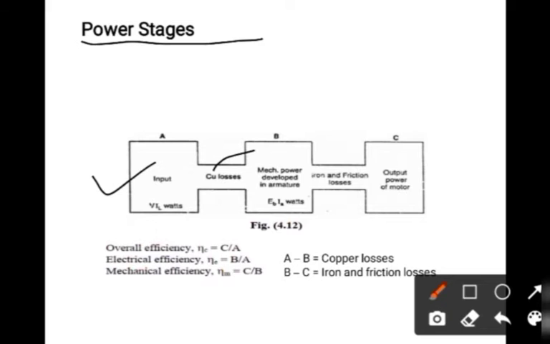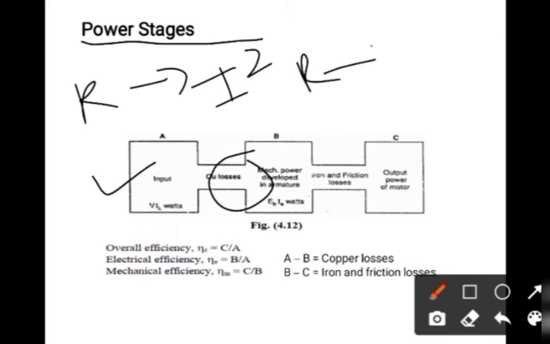The next point is copper losses. Whenever current flows through the armature winding and field winding, due to the winding resistance, a loss takes place, that is I square R loss, in the form of heat.